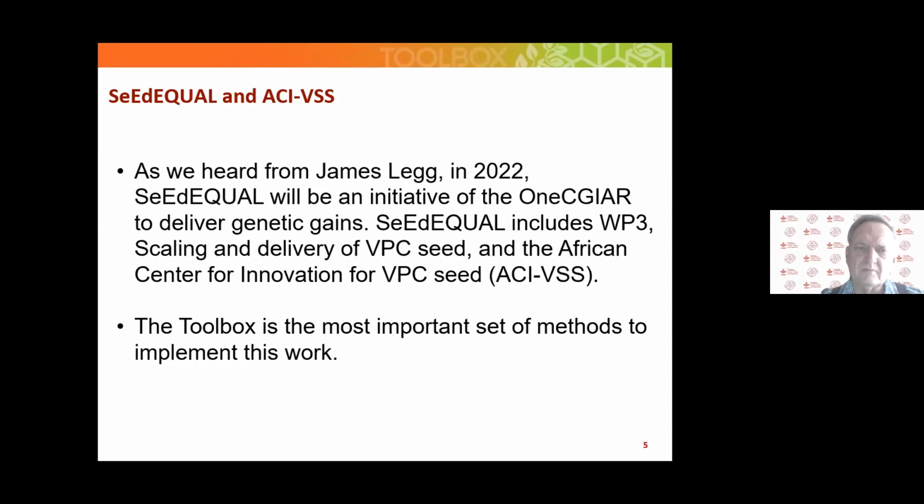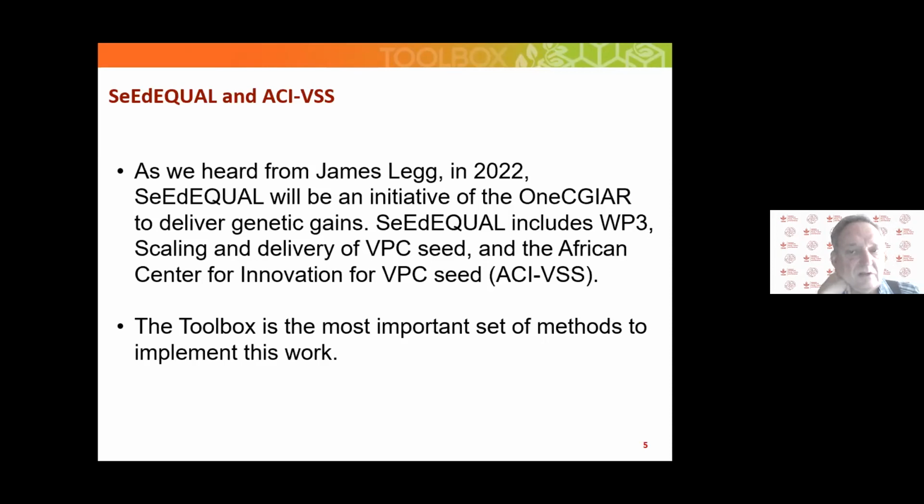I just wanted to mention what James Legg said, that next year, Seed Equal will be an initiative of the One CGIAR to deliver genetic gains. We also heard from Ian and Carlo about that today. Seed Equal includes Work Package 3, which is the scaling and delivery of VPC seed.